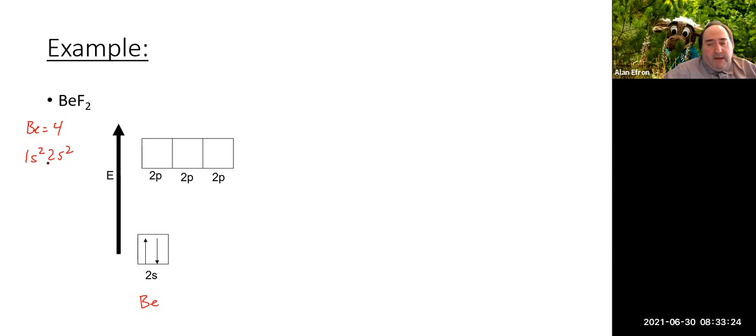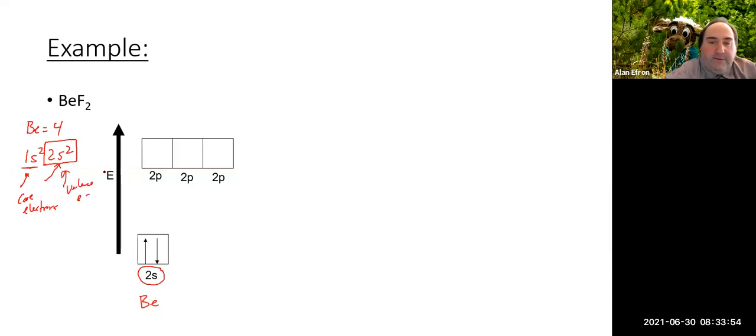Remember, we're talking about bonding here, so we're talking about its valence electrons, which is group number 2. We're talking about these 2 valence electrons, the 2s electrons. It obviously has the 1s electrons lower in energy, but they're not involved in bonding because these are the core electrons. And this is our valence electrons.